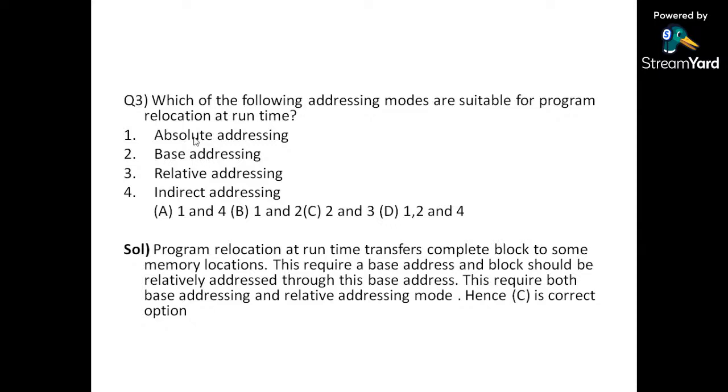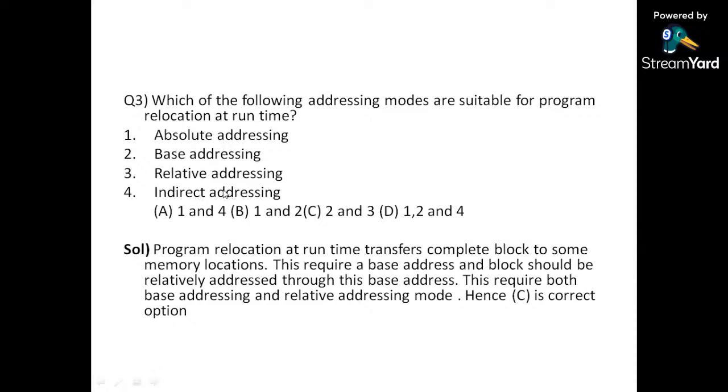In the absolute addressing mode, the value of the operand is directly given, therefore absolute addressing mode is also not required. So what are the two addressing modes that remain? Base is required for sure, and along with base we need one more addressing mode. But absolute is not required and indirect is not required.